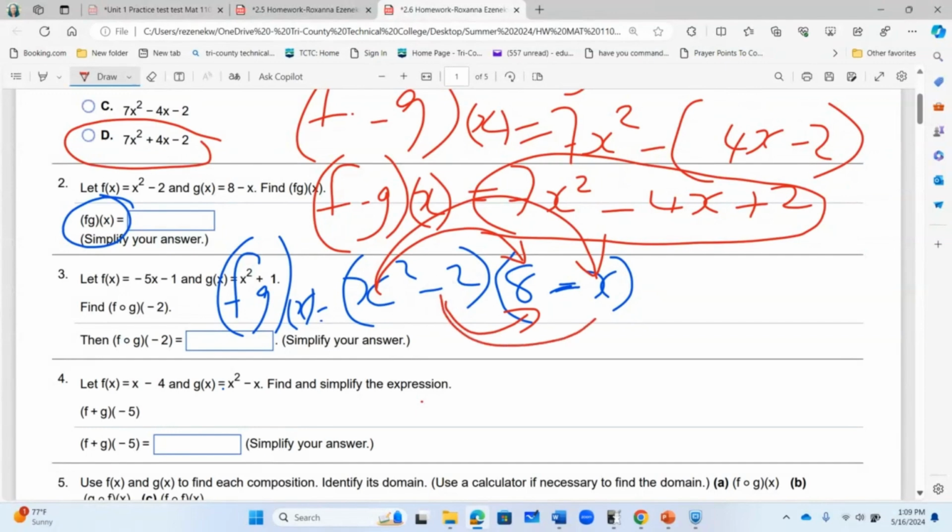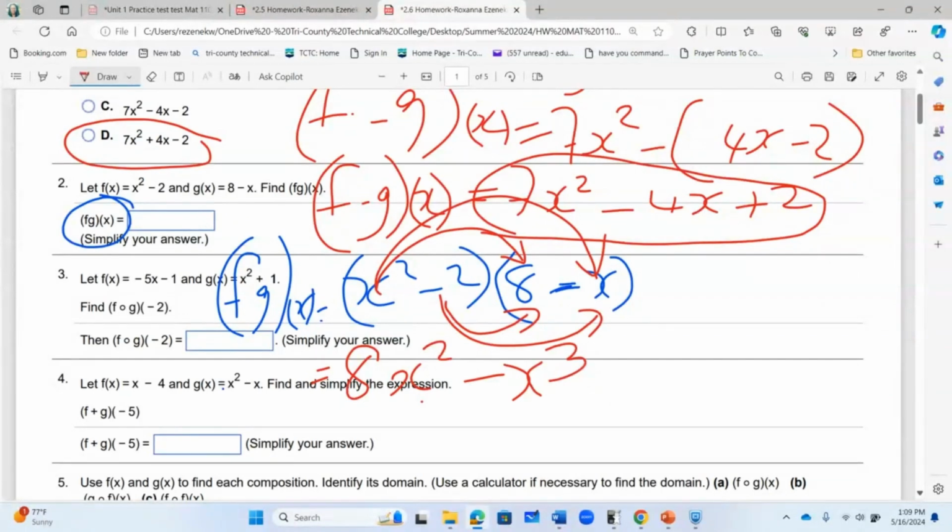So I have just done the foiling here, and I'll take time to multiply and bring them down. That's what I'm supposed to do. So x squared multiply 8 is 8x squared. x squared multiply negative x, I have negative x cubed.